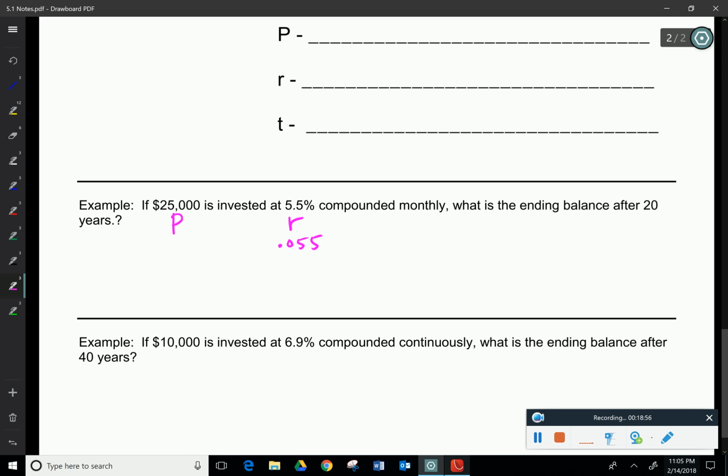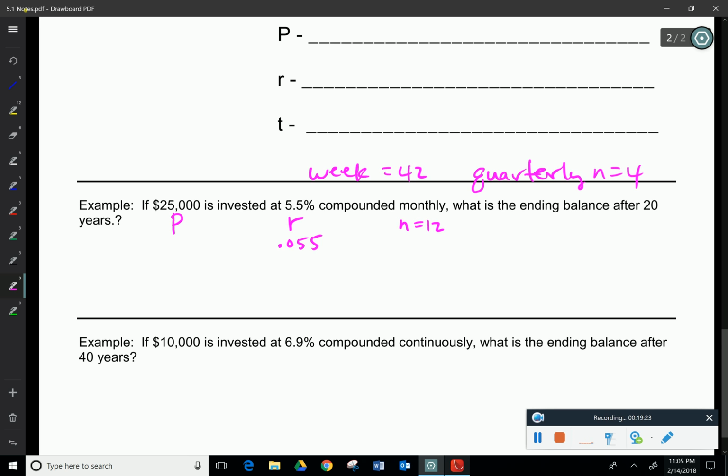And because it says compounded monthly, that means our N is 12, right? If they had said compounded weekly, I would have said 52, right? Weekly would have been 52. Or if they had said quarterly, then N would have been 4. So there's several numbers there to keep in mind.